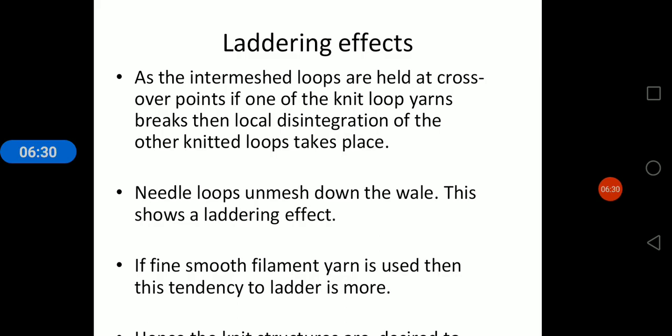The edges of points 2 and 3 are joined with the next loop. When the needle loops unmesh down the wale, it shows the laddering effect.